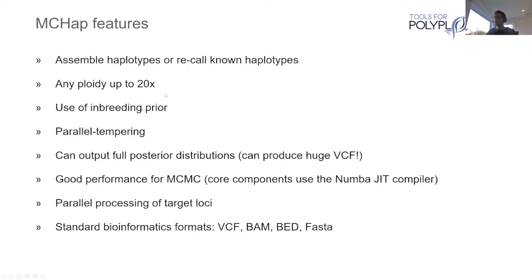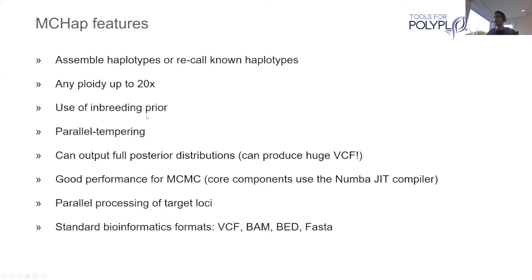MCHap can handle any ploidy up to 20x at the moment. That can theoretically be extended even higher. I'm not going to do that unless there's a real demand for it because it gets a bit more difficult to work with. And I do think that even if you're assembling a 20x organism, you would have such a diffuse posterior probability distribution that I'm not sure that this would be the best tool for you anyway.